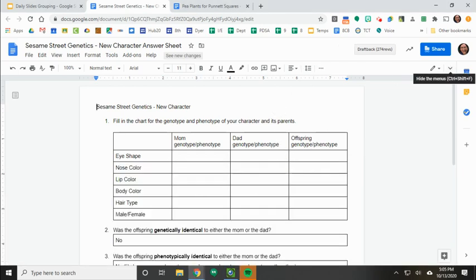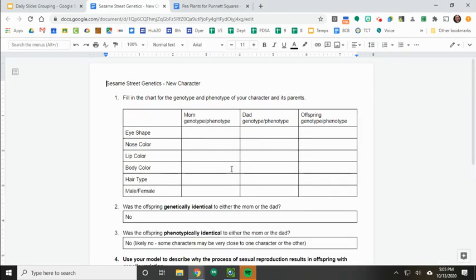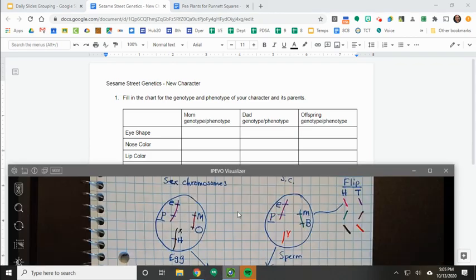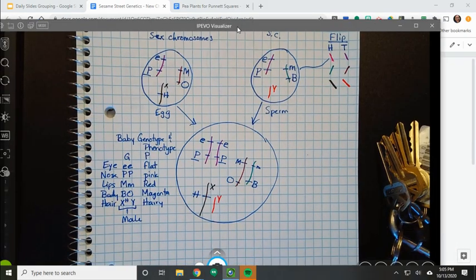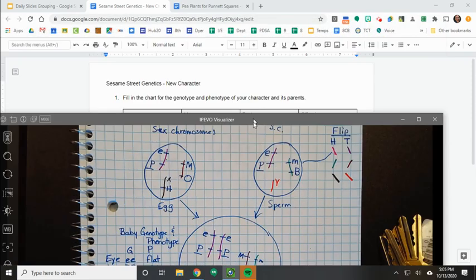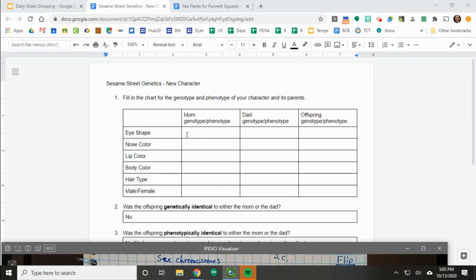directly into this right here. So my genotype and phenotype I just did, if I take a look at this, my genotype and phenotype are right here. There's my genotype for the baby, there's my phenotype for the baby. So I would just put that information up here, and then I'd go up to the information that I have for Abby.